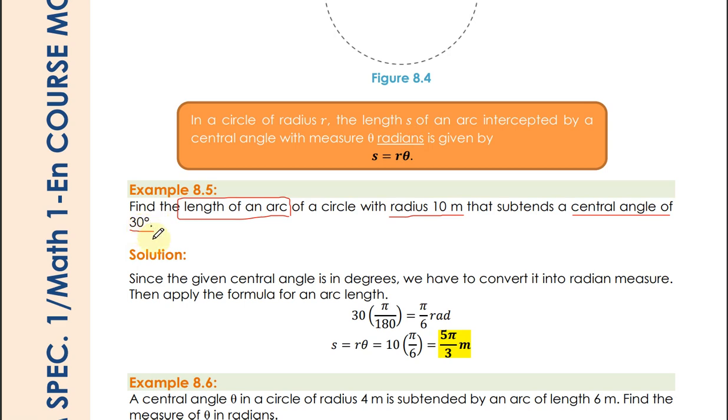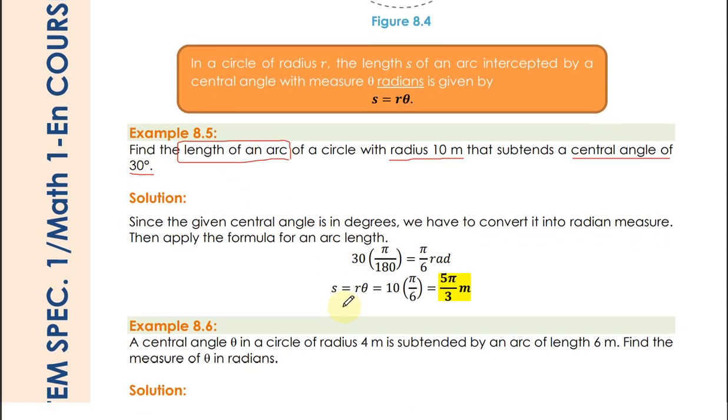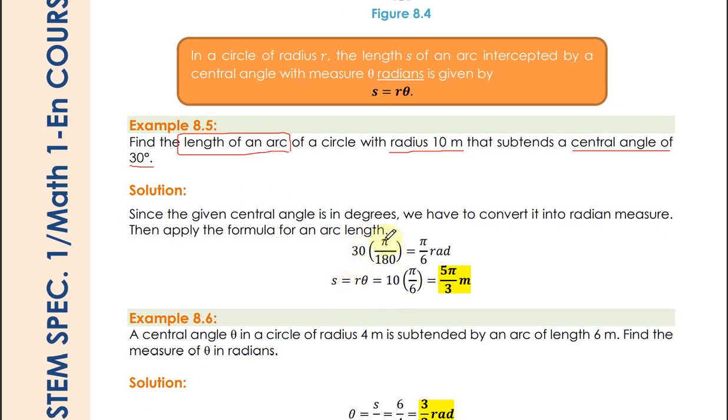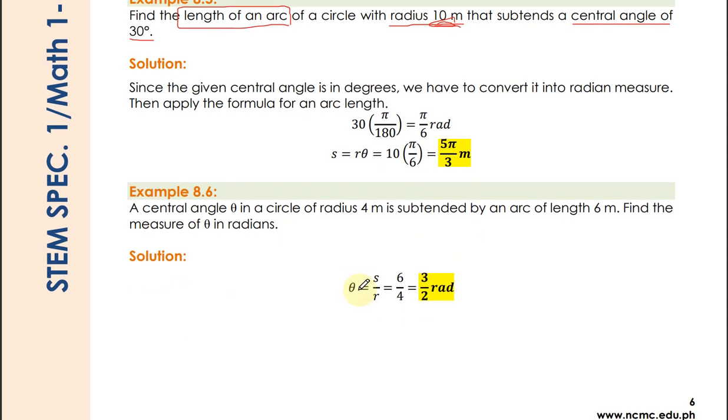So you have to convert it first to radians. 30 degrees multiplied by pi over 180 degrees is equal to pi over 6, because 30 divided by 180 is 1 over 6. So pi over 6 radians. You multiply it by the given radius r, that is 10 meters. So 10 times pi over 6 is equal to 5 pi over 3 meters. That is your length of arc.